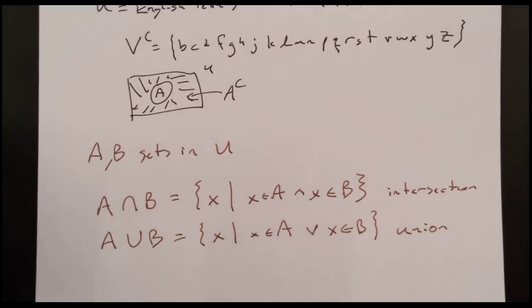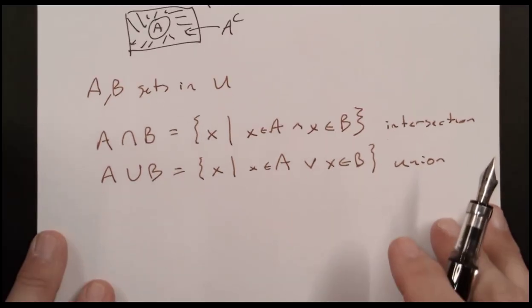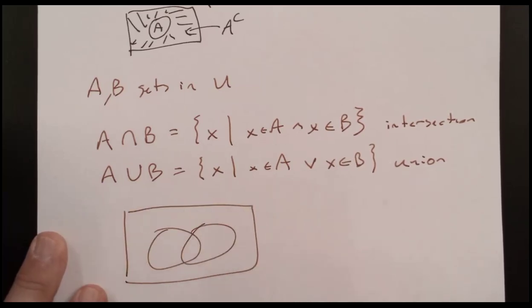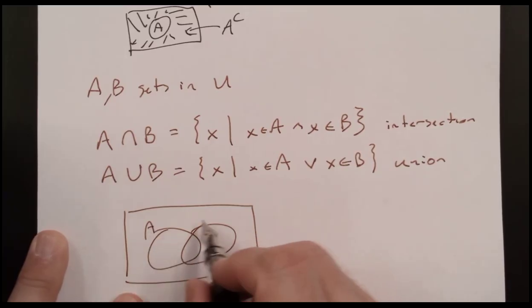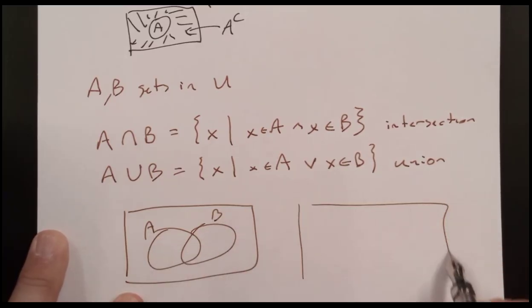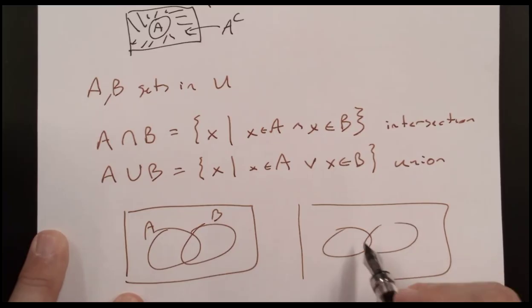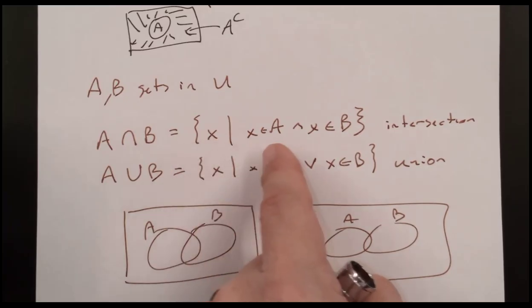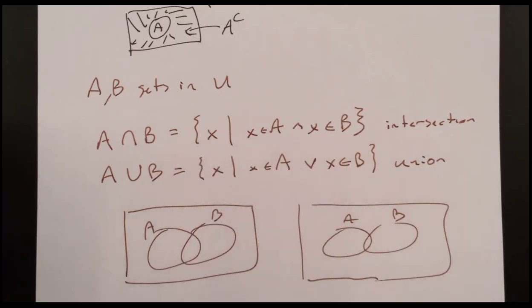If I'm looking at a Venn diagram, I have my universe, I have my two sets. If I want the intersection, I need the things that are in A and the things that are in B. Now, here's where I need to be persnickety. I need the same X to be in both sets, right?